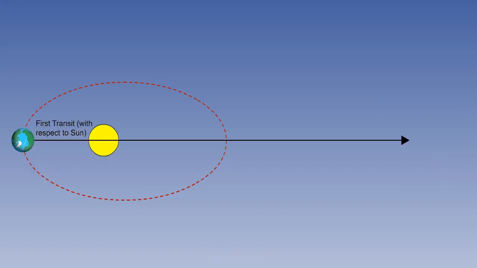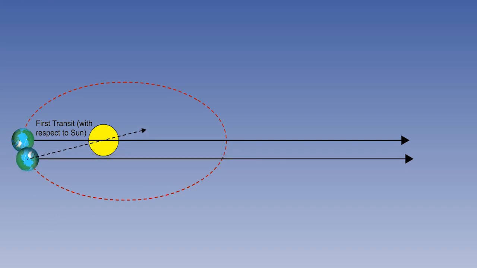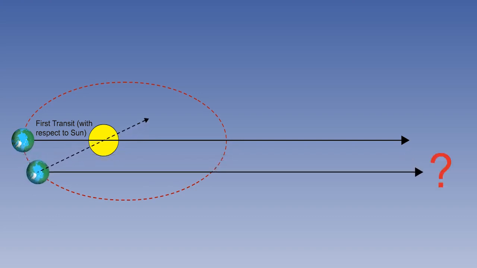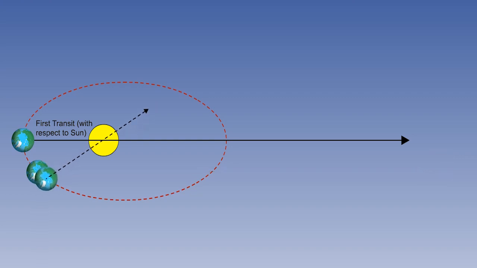However, what if we take the Sun as our datum? The Earth moves around its orbit. Therefore, if it rotates through precisely 360 degrees with respect to space, it will no longer be pointing at the Sun. In order to have a second transit with the Sun, it will need to rotate more than 360 degrees.